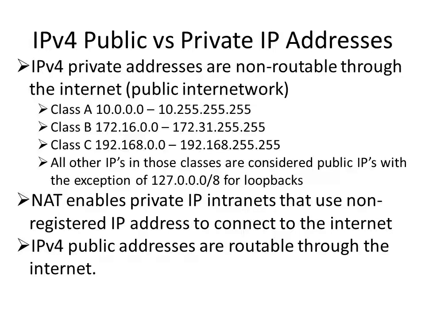And all the excluded IPs in the private IP range are considered public IPs with the exception of 127.0.0.0 with a mask of 8 for loopbacks. So pretty much the leftovers of Class A and Class B and Class C IP addresses.